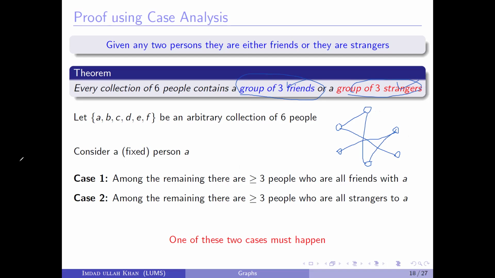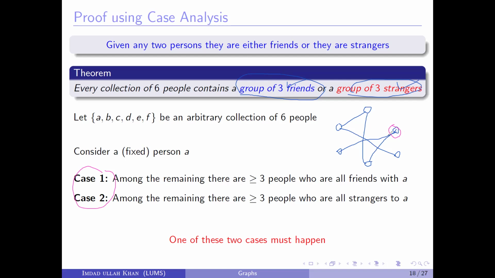Now think of possibility, right? So fix any particular vertex. So let's say we fix this one. The remaining number of vertices are 5. Out of those 5, one of these 2 cases must happen. Among those 5 remaining vertices, there are at least 3 who are friends with A. So if you look over here, that first case does not fit on this particular example, right?